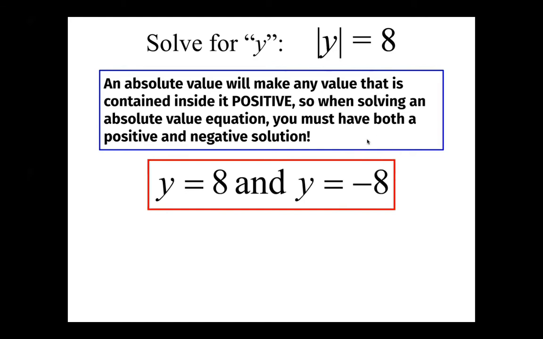Just always remember to include both the positive and negative solution when stating your answer. We also denote it as this. If you don't want to write out the answer as y equals 8 and y equals negative 8, you can just use this plus and minus sign stacked on one another and then your value.